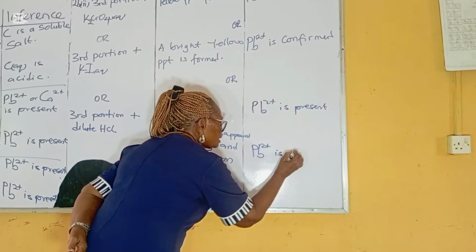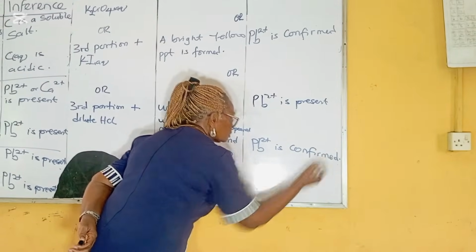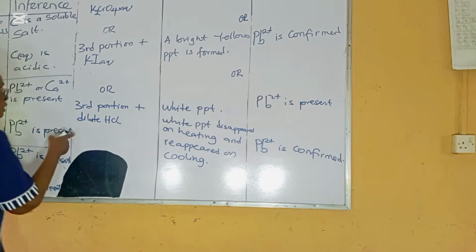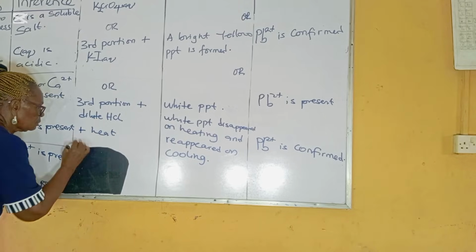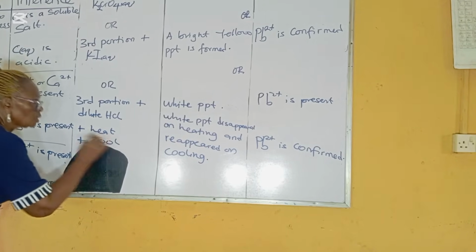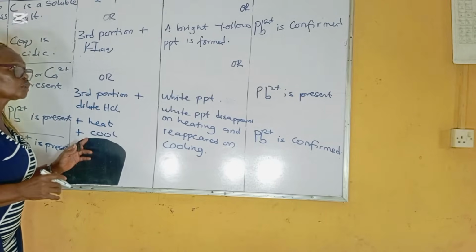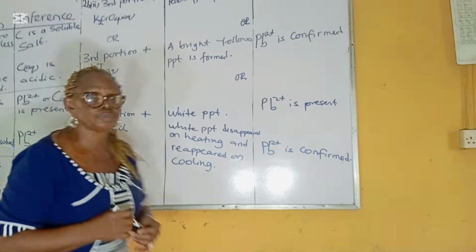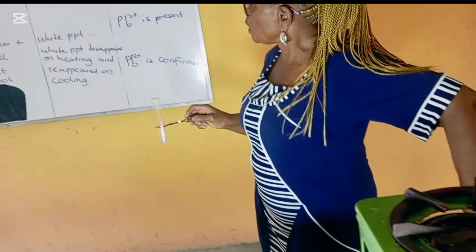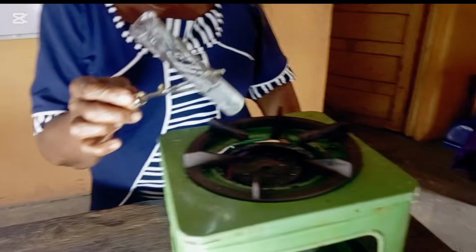Pb2+ is confirmed. That means you have to indicate here plus heat, then cool, so that it will correspond to what we have just done. They say then heat and allow to cool, plus heat and plus what? Cool. Then the fourth portion, we have to heat strongly, and that's the fourth portion of C.